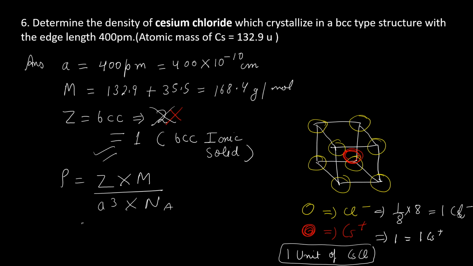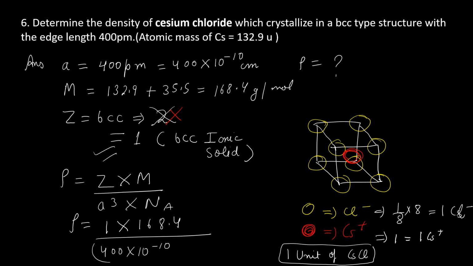Now density is given to you. Oh, density you have to calculate, sorry. Density you have to calculate. Now Z is 1, the molar mass you have calculated is 168.4. Now A is 400 into 10 raised to power minus 10, whole cube, and 6.023 into 10 raised to power 23.